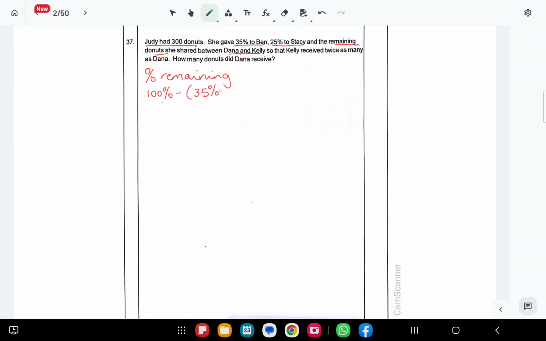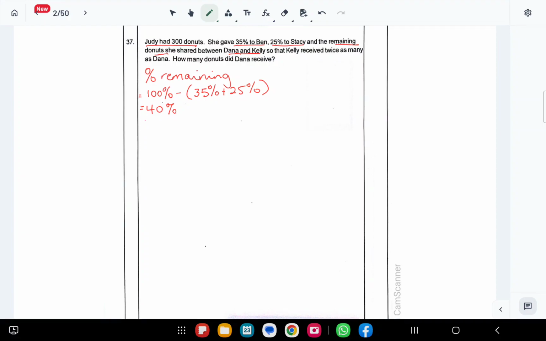So it's just 35 plus 25. And we know 35 add 25 is 60. 100 take away 60, that will give us 40%. So the remaining percentage of the total donuts that was shared between Kelly and Dana is 40%.